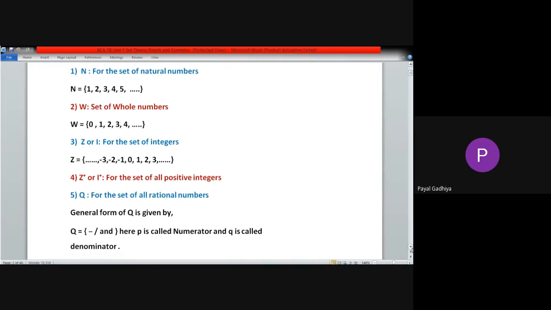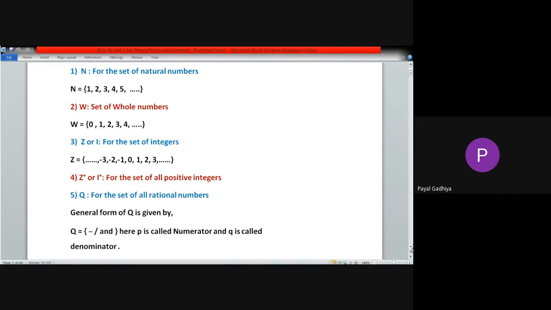What is the definition of Q? Q has numbers which are of the form p by q. So -7, I can write as -7 by 1. Can I say -7 is -7 by 1? Yes, so it will be a part of Q. Every natural number and every integer will definitely be a part of Q.